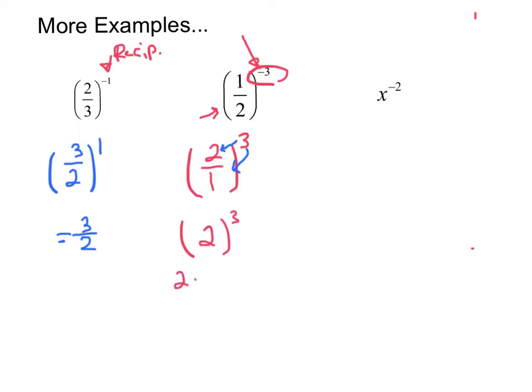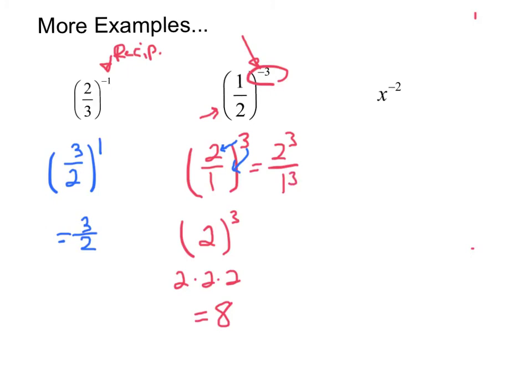So 2 times 2 is 4, times another 2 equals 8. Anytime you have a denominator of 1, you can simplify to just the whole number, or you could go the long way and say this is 2 to the 3rd power over 1 to the 3rd power, and you'll still get to the same answer.